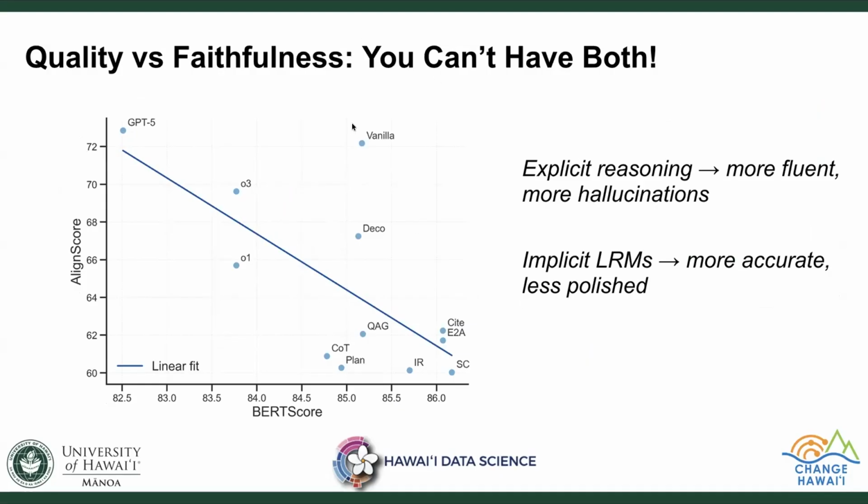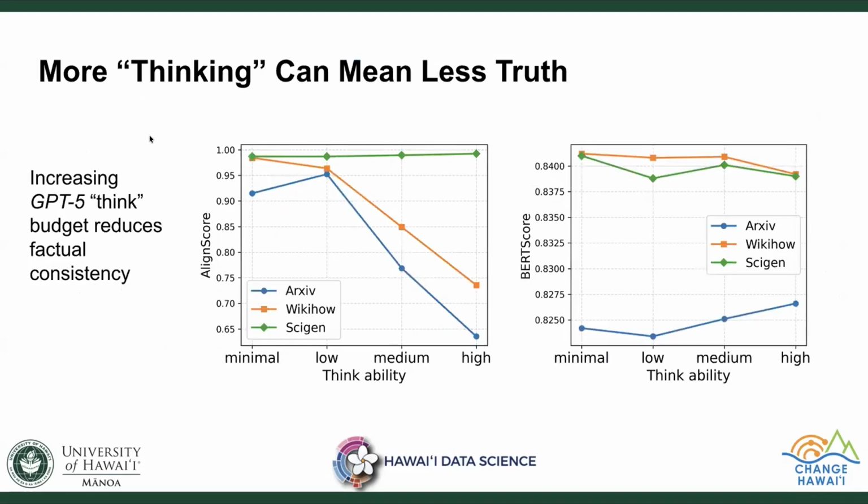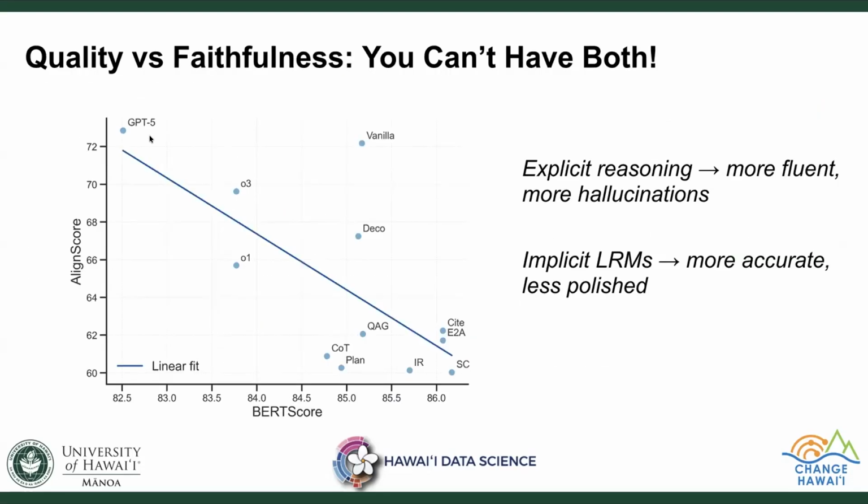And you can see that a large reasoning model like GPT-5 can output quite faithful summaries, but at the cost of quality. So like I summarize here, those large reasoning models are more accurate but less polished.